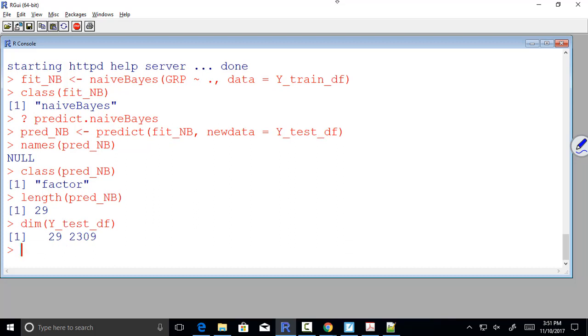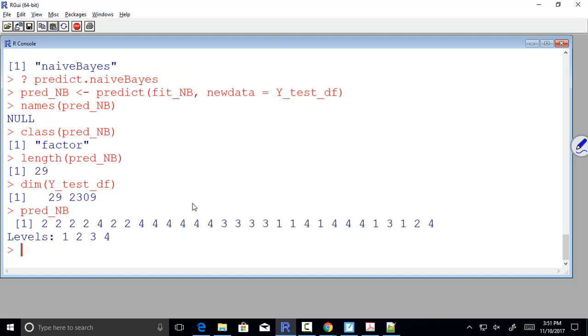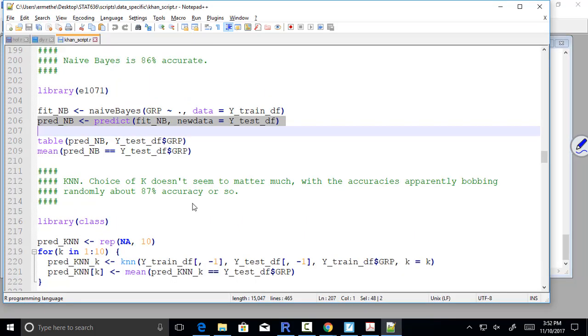When we split into training and testing, we were left with 29 test individuals. When I used the predict function, it gave me back 29 categorical values. For the first individual that was in the test set, I predicted class 2. And for the second, I predicted class 2, and then 2, and 2, and then I predicted 4, and so on. How well did we do?